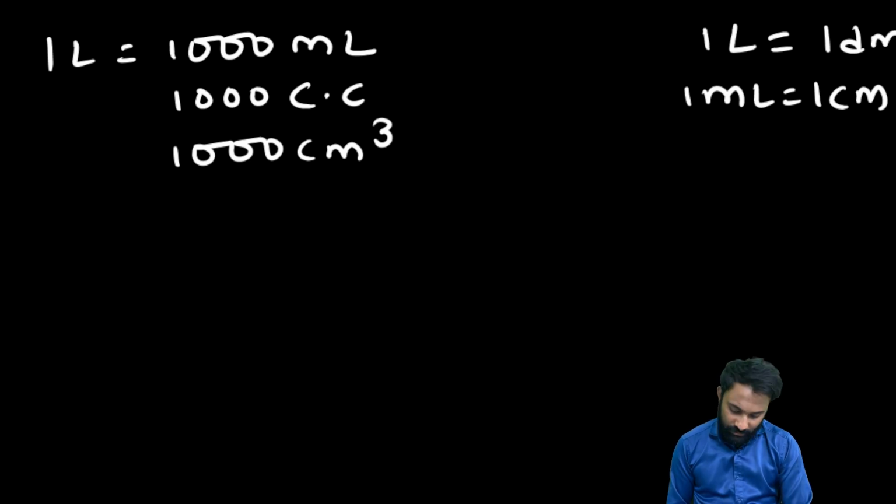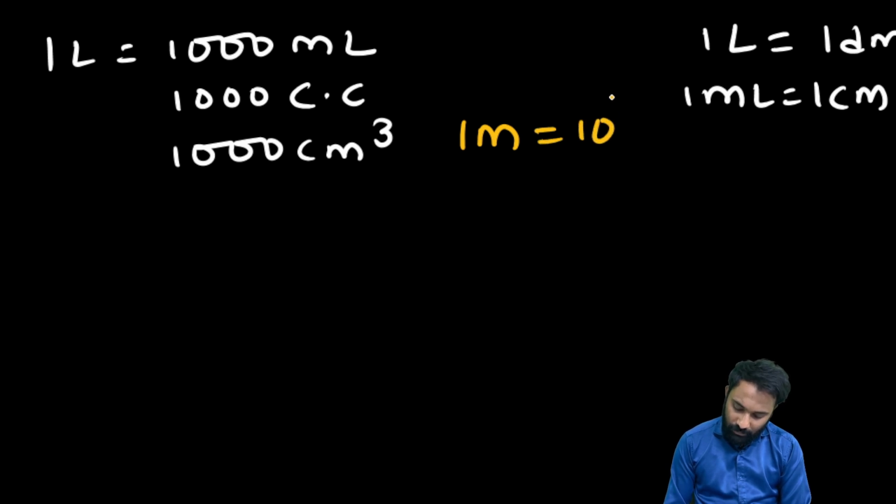Clear? Now can I say 1 meter is equal to 10 to the power 2 centimeter? This is right. Going from the higher unit to the lower unit, the power will be positive.